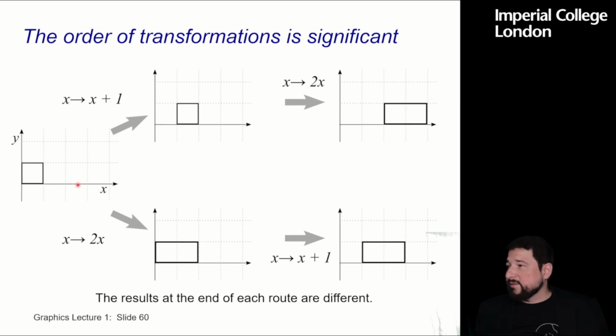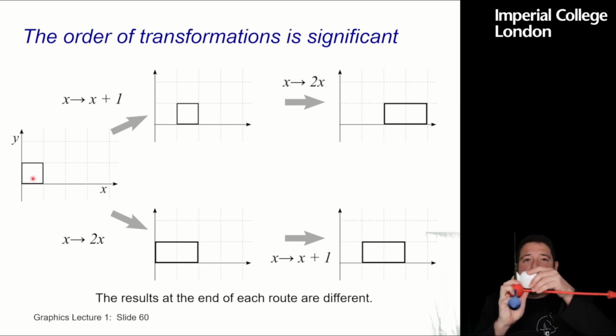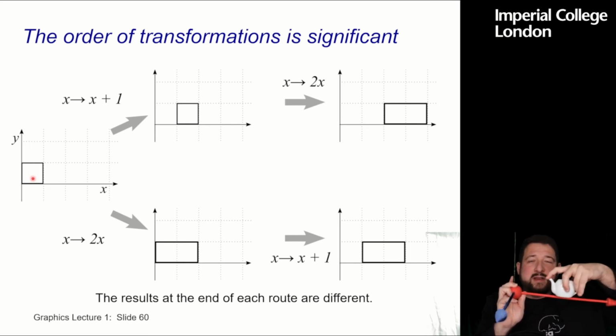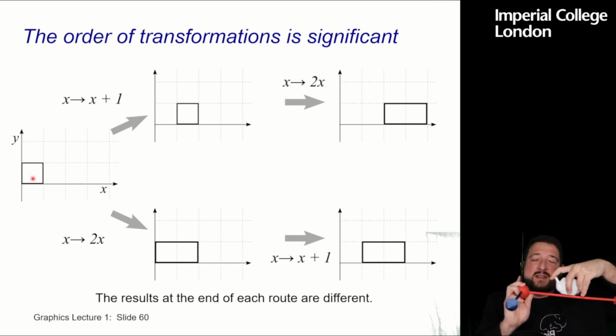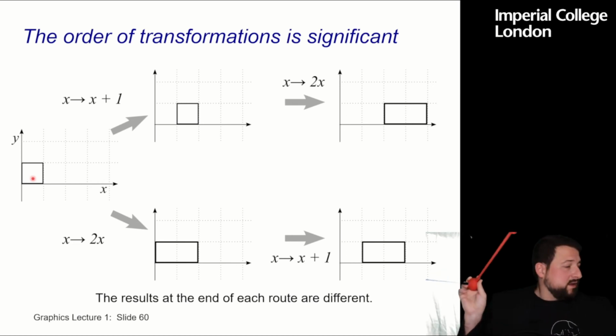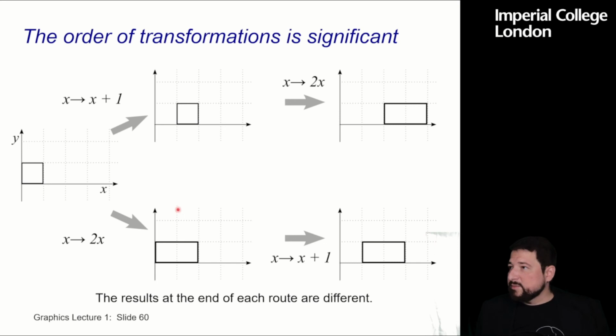So if I have an object sitting at my origin here, okay, and I move it by 1 and then scale it by 2, or make it bigger, I can't make this one bigger, is something different than if I would scale it first and move it then. It's probably easier to show on this box here.